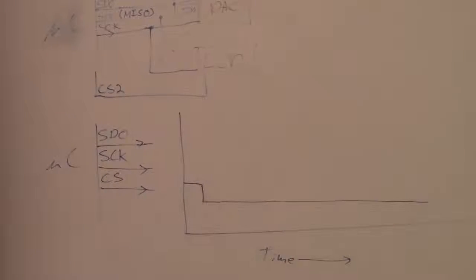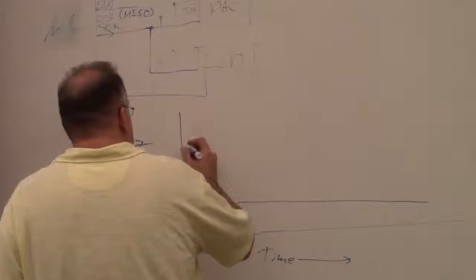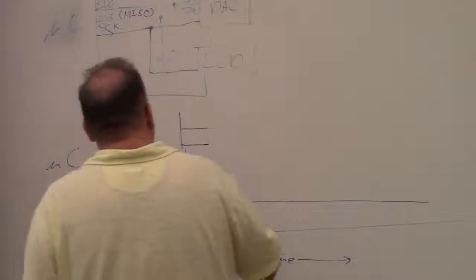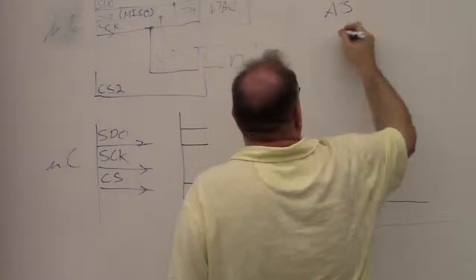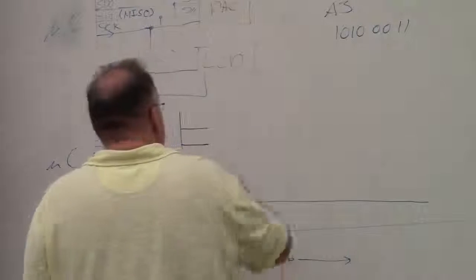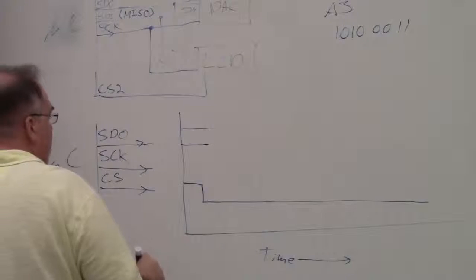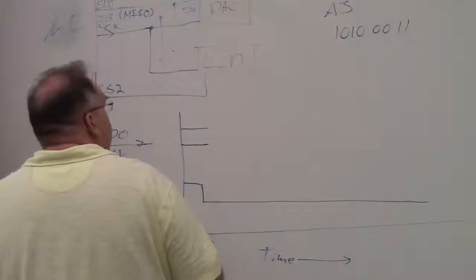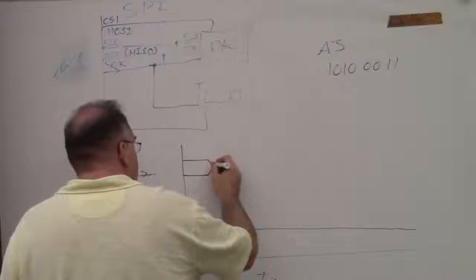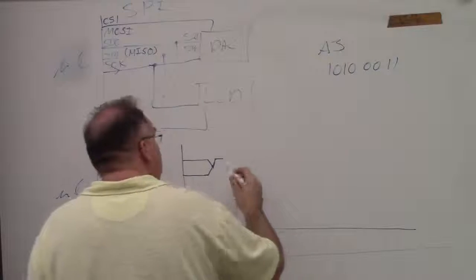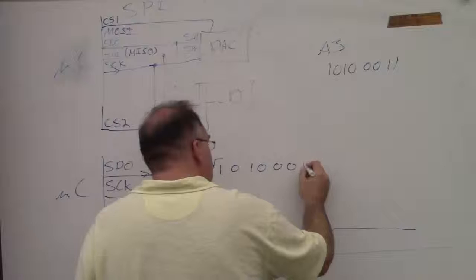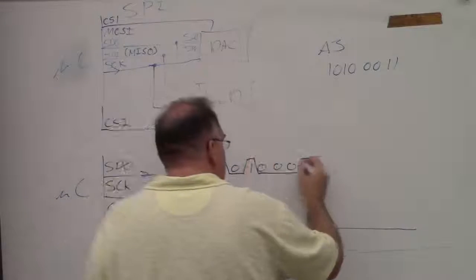The next thing it says is transfer A3. So our data line is going to be in some unknown condition, and then it's going to transfer A3. A3 in binary is 10100011. We don't know the previous state of this data, and then there's going to be a transition that results with the data going high, and we're going to have 1, 0, 1, 0, 0, 0, 1, 1, and then it will look like that.